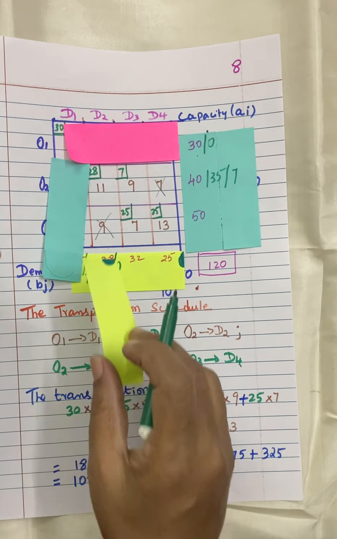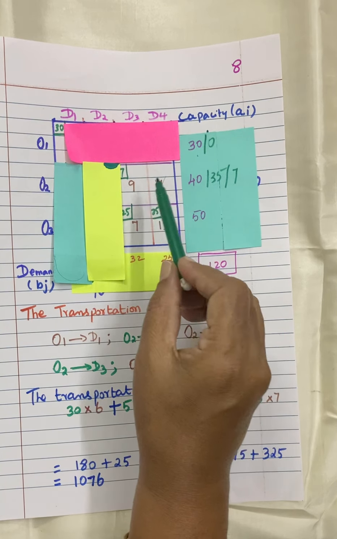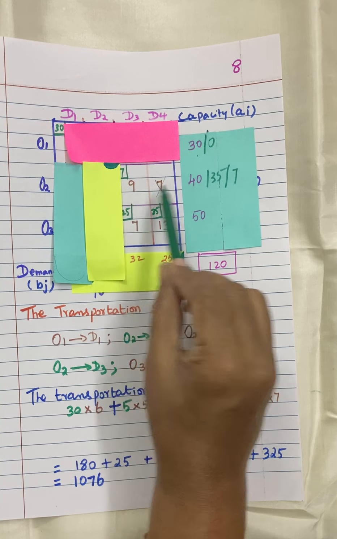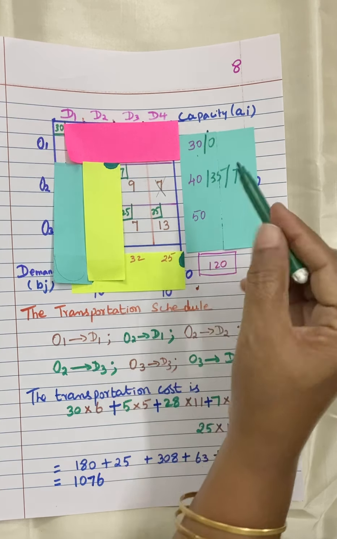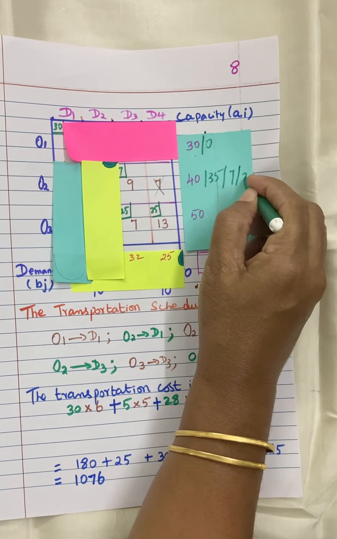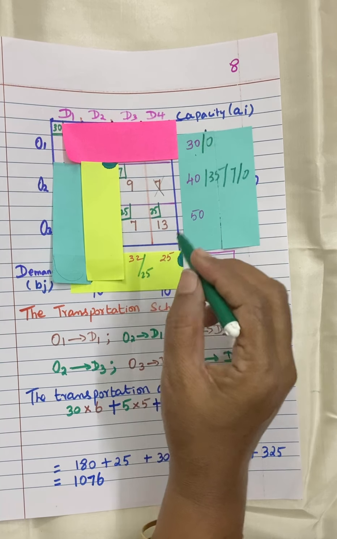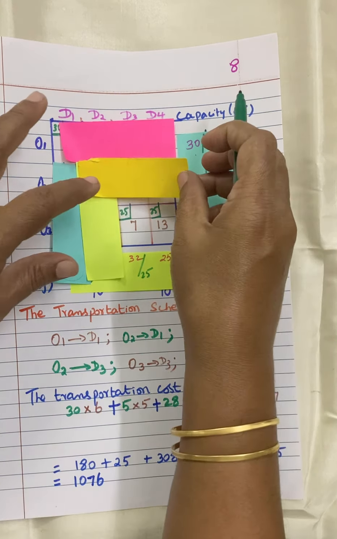So I will close this too. Okay. Now I got only 4 numbers: 1, 2, 3, 4. Northwest corner is 9. The supply is 7. Demand is 32. So the lowest number is 7. You assign 7. After assigning, you subtract 7 from here. It is 25. So this becomes 0. I am closing that also. Okay.